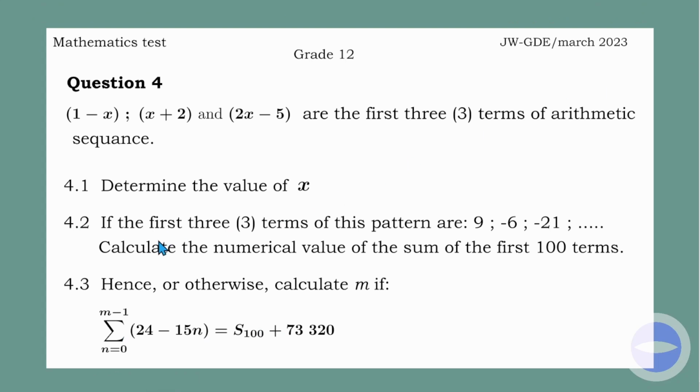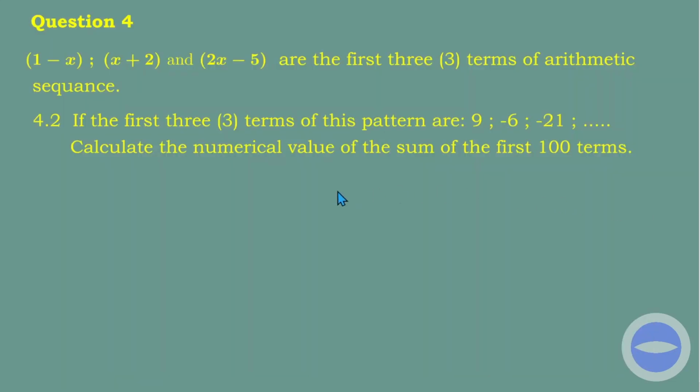So 4.2 says, if the first three terms of this pattern are 9, minus 6, minus 21, and so on, calculate the numerical value of the sum of the first 100 terms. So this sequence is an arithmetic sequence, so we will use a formula to calculate the sum.